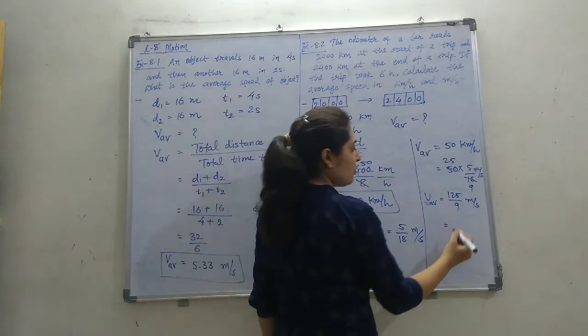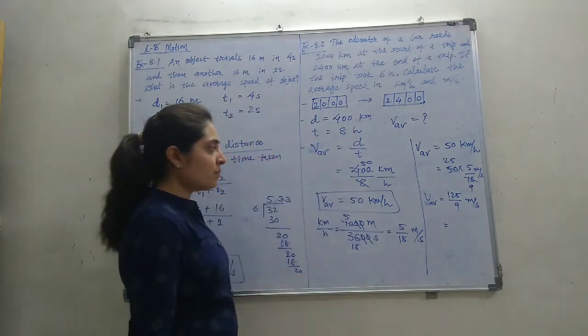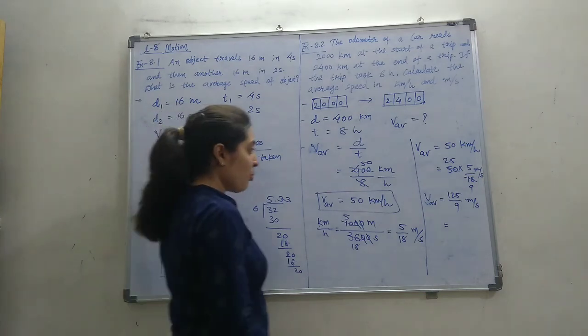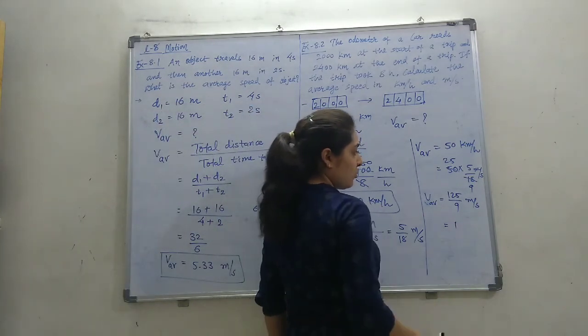So by doing the division with the decimal point, we can cut it.